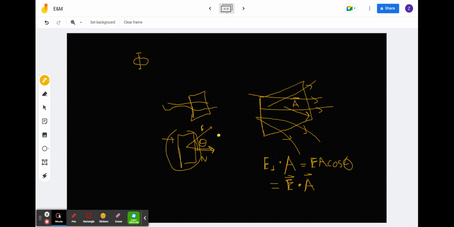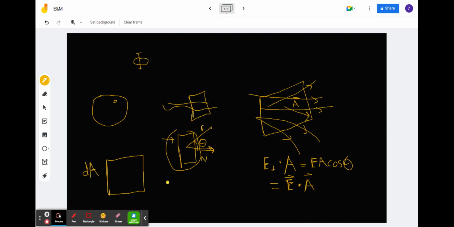Now you might be asking, how can we calculate the electric flux for surfaces that aren't rectangles? So let's say a circle or a sphere would be better. What we do is we zoom in onto the surface of a sphere, and we take an extremely small section, which I've drawn right here. If I expand this out, you'll notice that it's roughly flat, and it has an area of dA, where dA just means a very small amount of area.